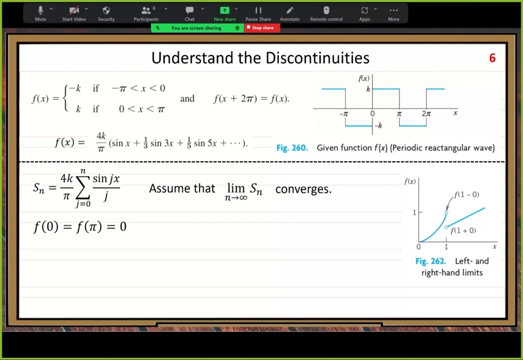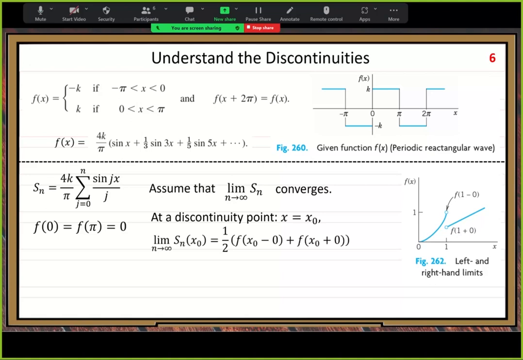Now, at a discontinuity point x equals x0, the limit function evaluated at x0 equals the average of the function's left-hand limit, minus 0, meaning we approach this point from the negative side, and its right-hand limit, plus 0, meaning we approach from the positive side.